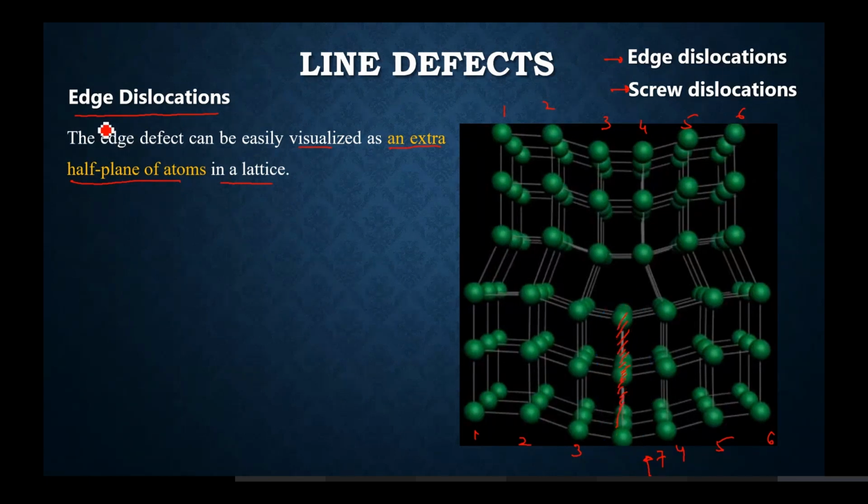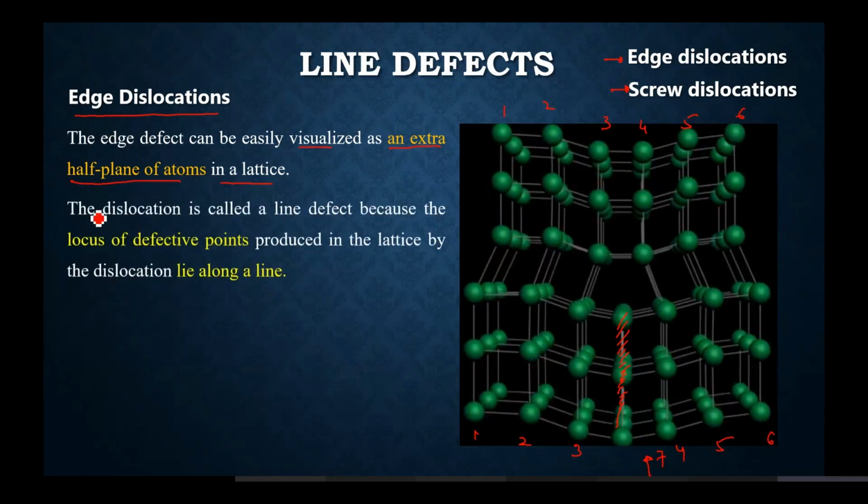Now, the dislocation is called a line defect because the locus of defective points that are produced in the lattice by the dislocation lie along a line. How? If you see here, you have a line, and these points, the defects, lie along a line that is being produced in the lattice.